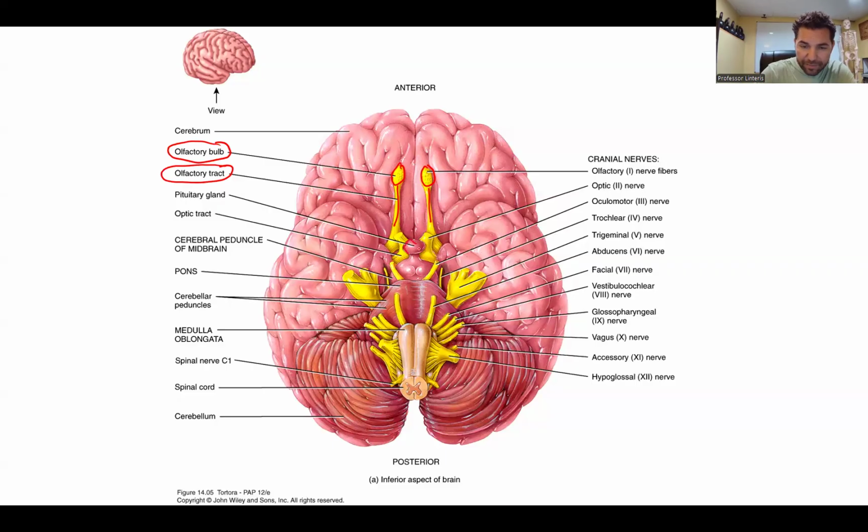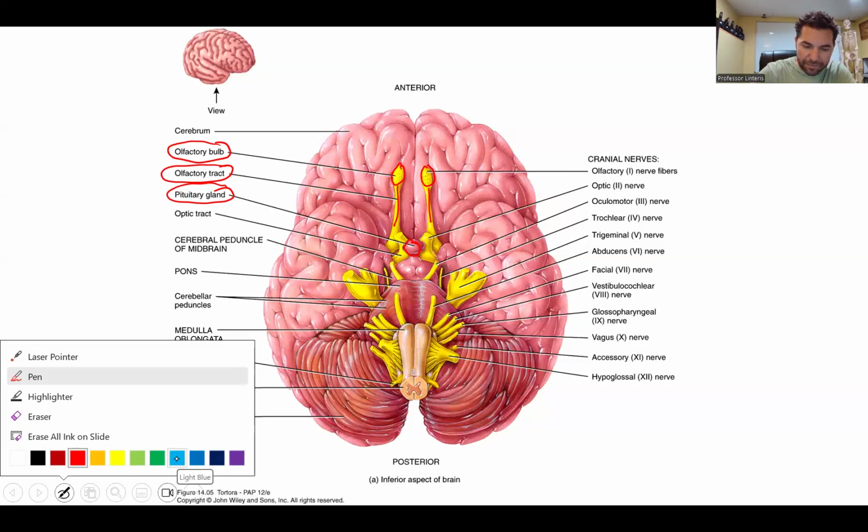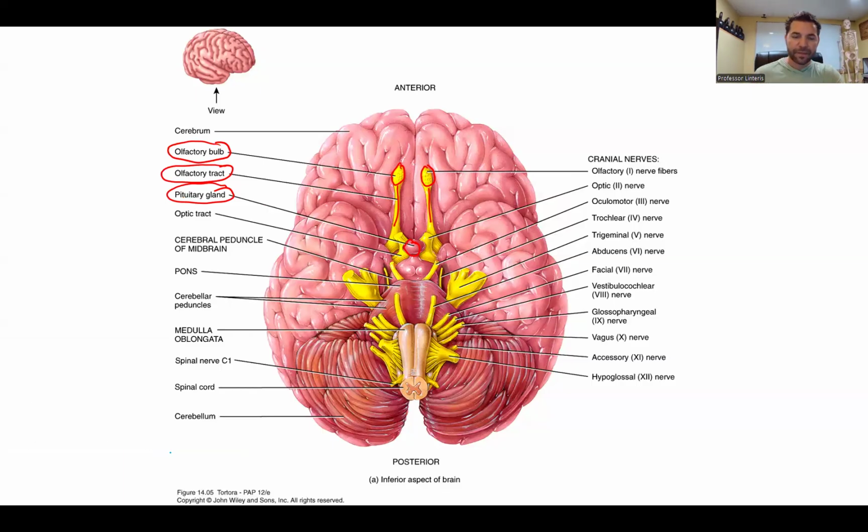We could clearly see the pituitary gland. We can also see, and I'll do this in a different color because it's a little bit confusing. We're going to get into special senses in one of the upcoming labs. But for here, you can see there's this little X-like structure, right? This has to do with vision.